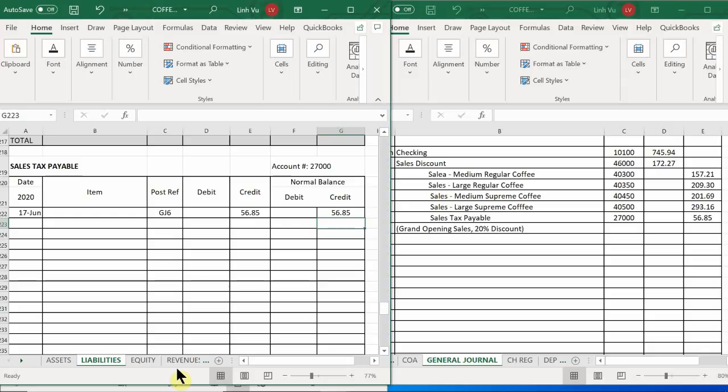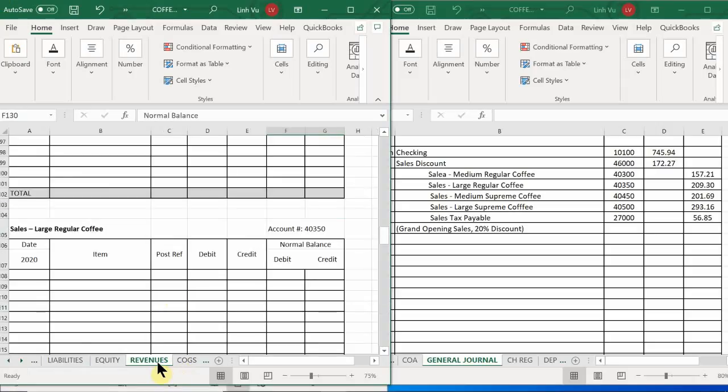So let's go ahead and go to here. Next thing that we need to do is record our revenues. Okay? And this is one of the reasons why I don't want you guys to keep jumping around, because you'll think about one thing and think about another, and you'll end up forgetting to do something, and that's where you will find your discrepancies.